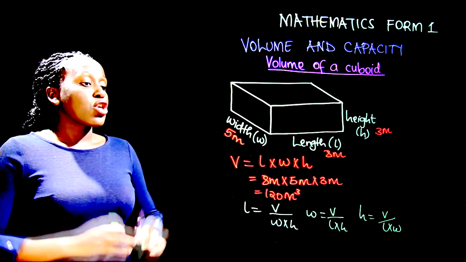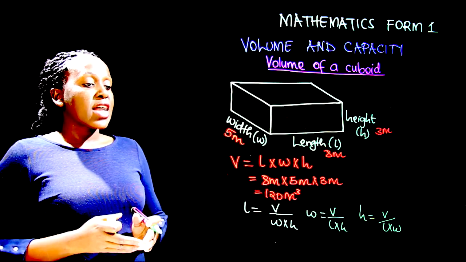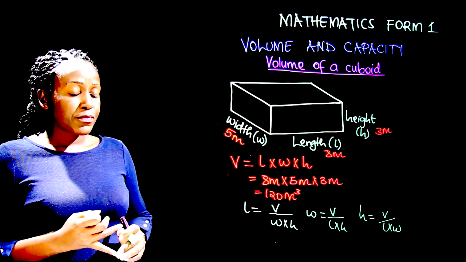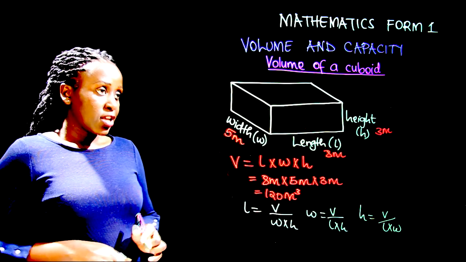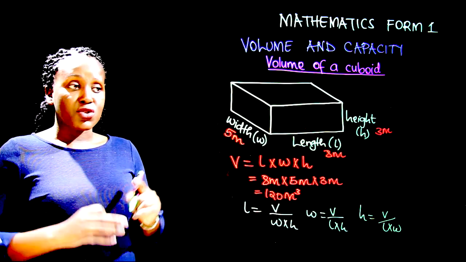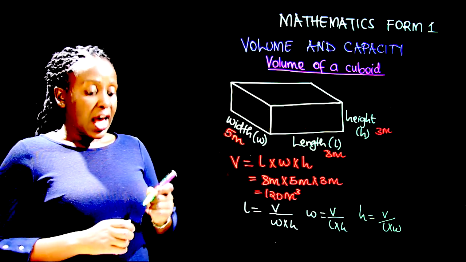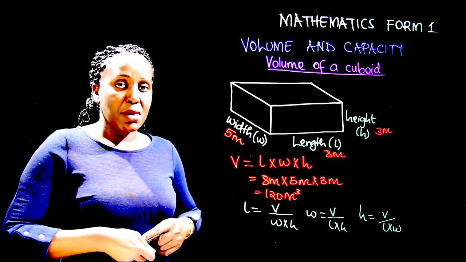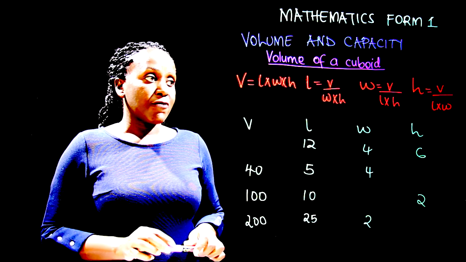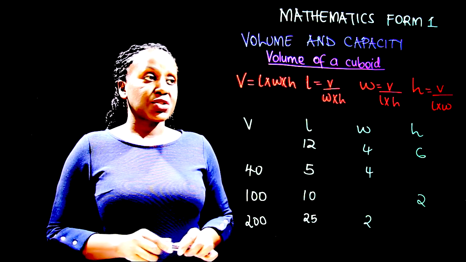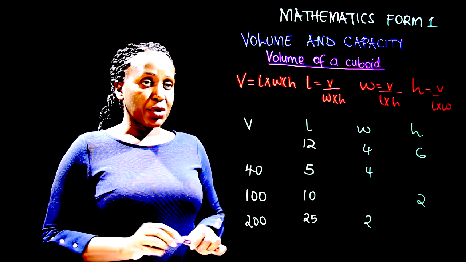Alright, so from this you can either calculate the volume, the width, the length, or the height. So I want us to practice this using a table of figures. Now we are going to practice the three formulas that we have learned that we can use in questions of volume of a cuboid.